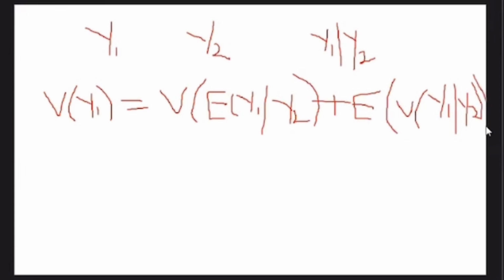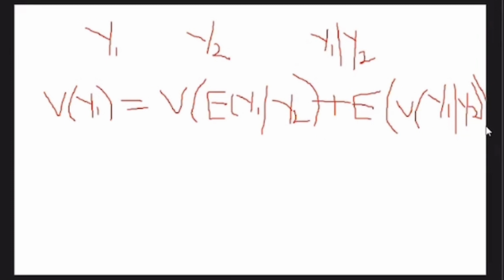When you take a look at what I'm trying to show you, this is from statistical theory. We have a y1, we have a y2, and the variance of y1 is going to be equal to the variance of the conditional mean of y1 given y2 plus the expectation of the conditional variance of y1 given y2. You know what we're going to do now? Our y1 here is going to serve as the estimator theta cap.